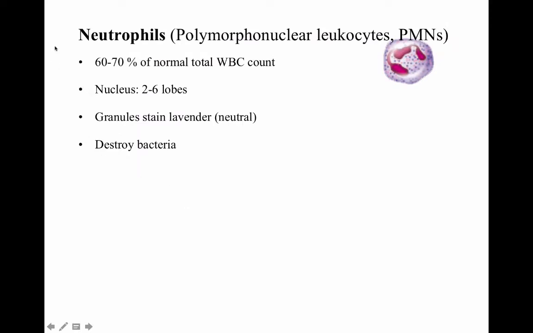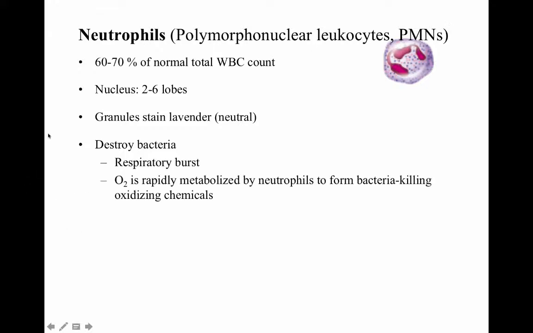Neutrophils, as we start to take a look at these as a group, are 60 to 70% of normal total white blood cell count. They have a 2 to 6 lobe nucleus, and they have their granules that stain lavender, and their function is to destroy bacteria. They can do this within a respiratory burst, where O2 is rapidly metabolized by neutrophils to form bacteria-killing oxidizing chemicals.